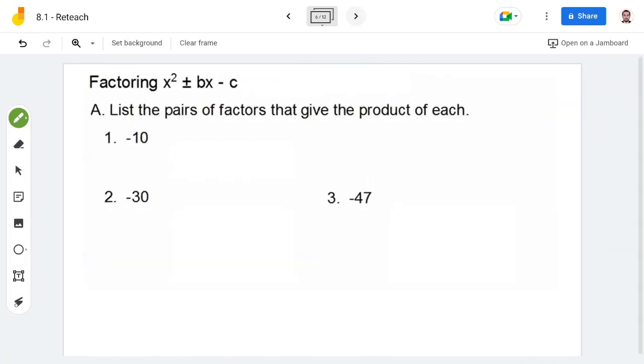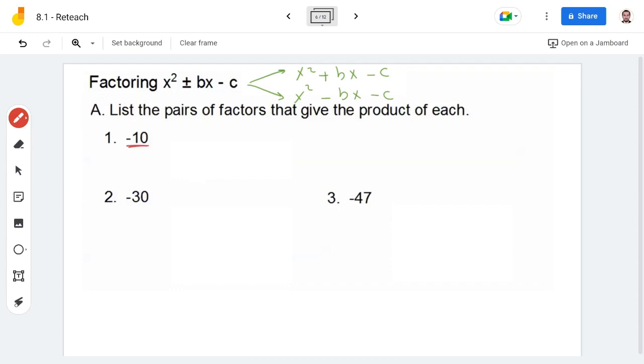Okay, now how about if c is negative. So let's say x squared plus bx minus c and x squared minus bx minus c. How about this? If I have minus c, first of all, we do the same thing. What are the factors of negative 10?